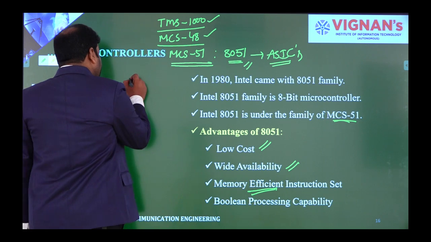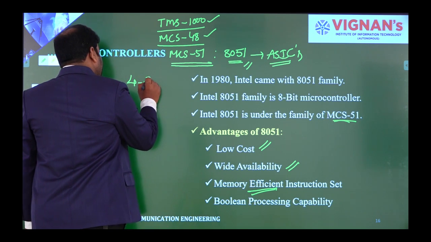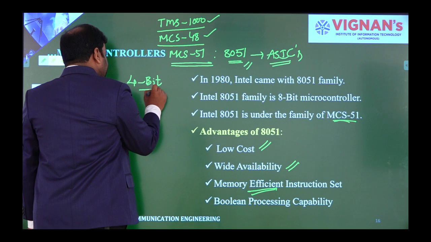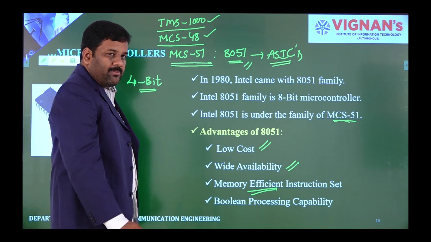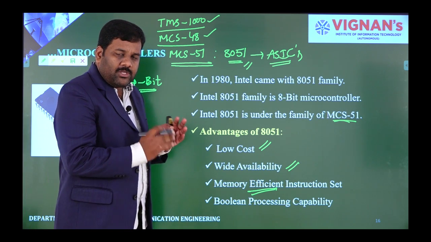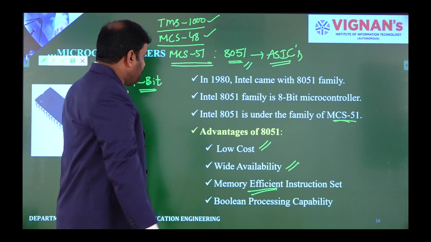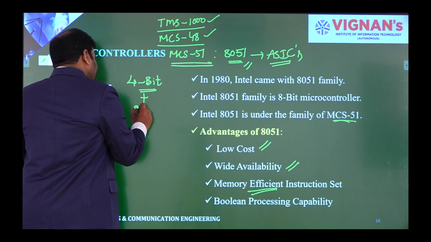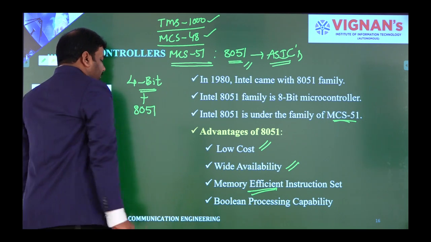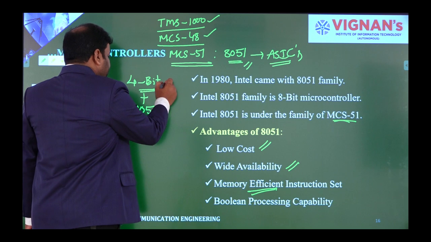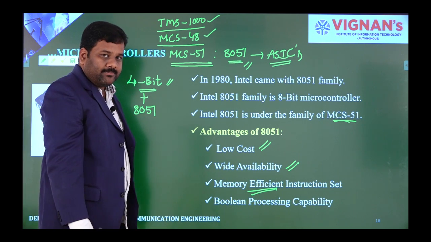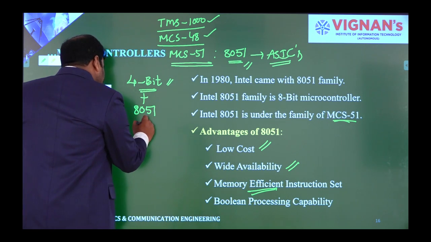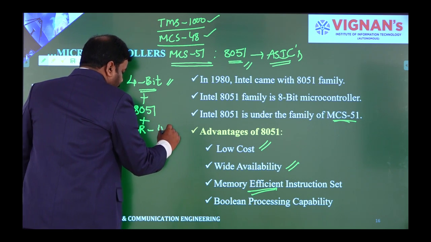For example, I have a 4-bit instruction set, or I just need to implement a small application using a microcontroller. Then I implement it with the 8051 as my core. With the 8051, this 4-bit support is enough for me. Then the 8051 will take working registers with 4 bits only.